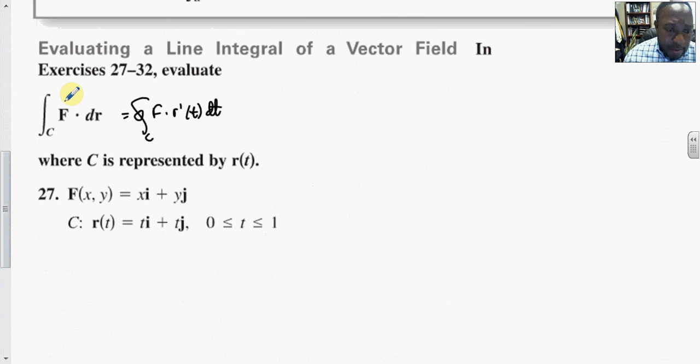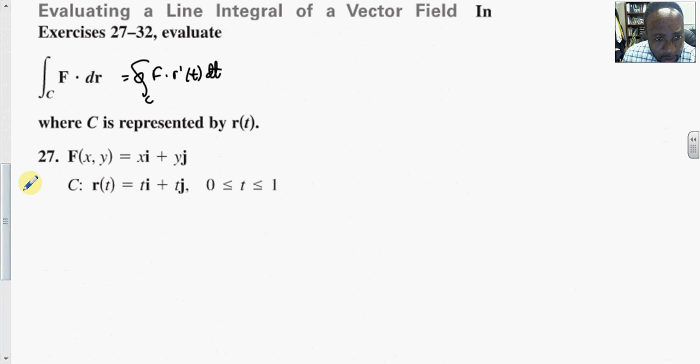We're calculating the same thing, but we're going at it in a different fashion. So here we need r prime of t, and so r prime of t is i plus j. And you relate the function with r prime.